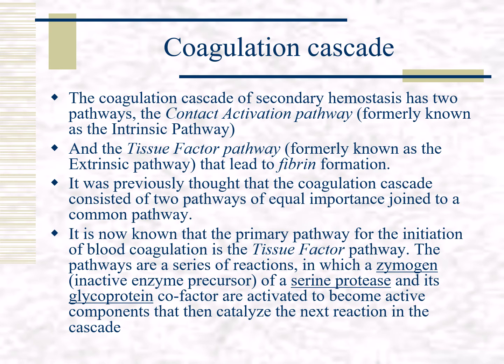You can see in this slide that there is already a change in the nomenclature in terms of how we call the intrinsic and extrinsic pathway. The intrinsic pathway is now known as the contact activation pathway, while the extrinsic pathway is now known as the tissue factor pathway.